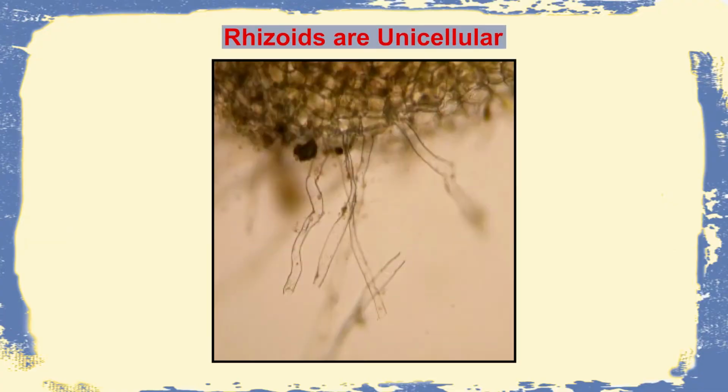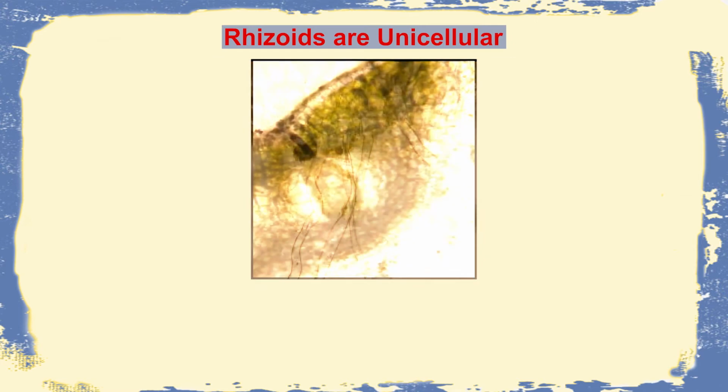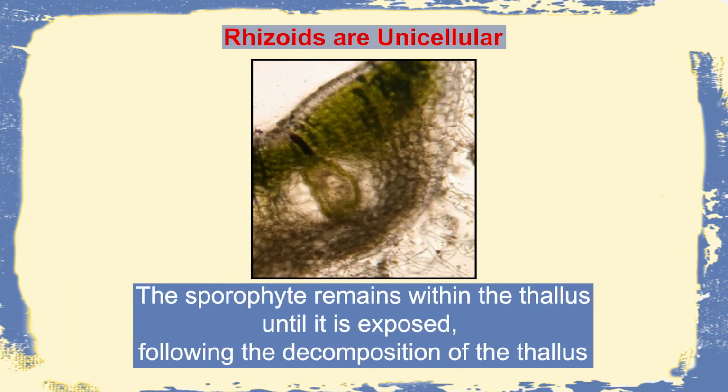They are unicellular and they help in anchorage and absorption of minerals and nutrients from the soil surface and transfer them to the plant body. Similarly, in this diagram we can see a structure known as the sporophyte, which remains embedded within the thallus and is exposed when the decomposition of the thallus begins.